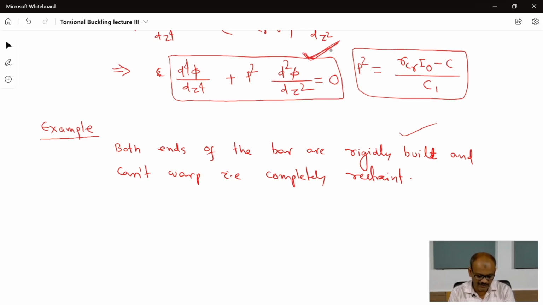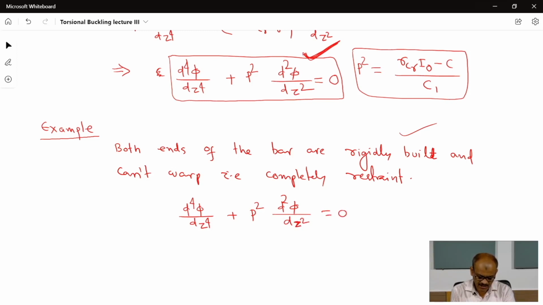First of all, we will have to write the general solution of this governing differential equation. Then we will use the boundary conditions to find the constants in the general solution. Let me first write down the governing differential equation for torsional buckling, that is d to the power 4 phi by dz to the power 4 plus p square into d square phi by dz square is equal to 0.